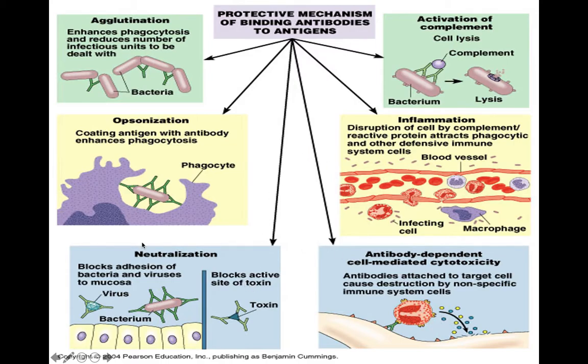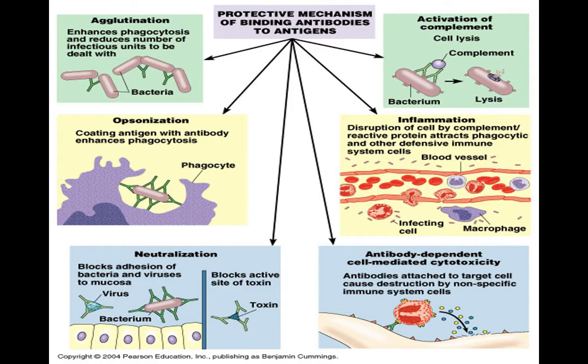For neutralization, an example is this image here. We can see that once antibodies cover an antigen, if they are not successfully phagocytosed, they may still try to enter the host cell. But if they are covered by antibodies, they're technically neutralized.